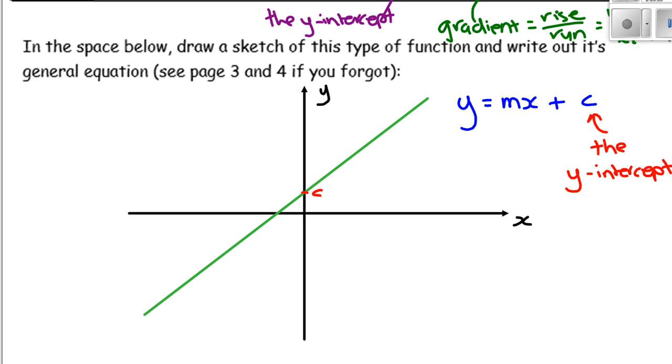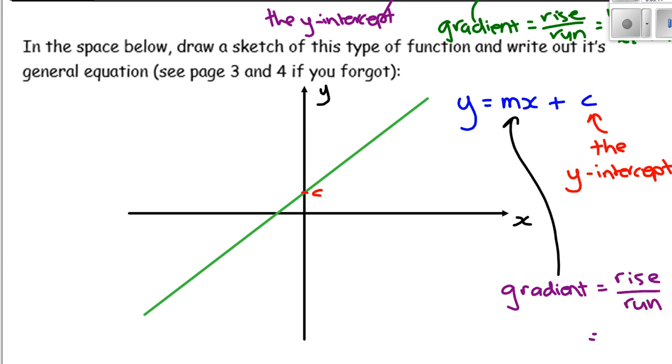No surprises there, just pointing out what we said below. So m is the gradient, which equals the rise over the run, or y2 minus y1 over x2 minus x1.